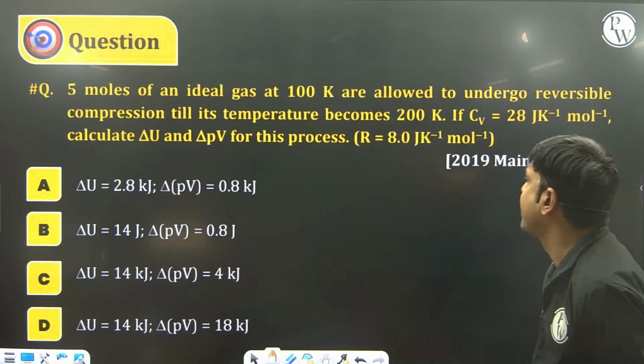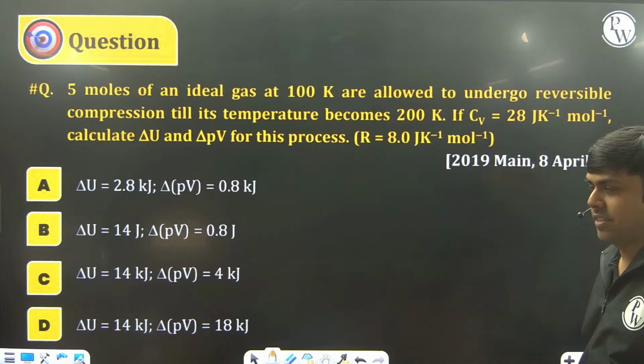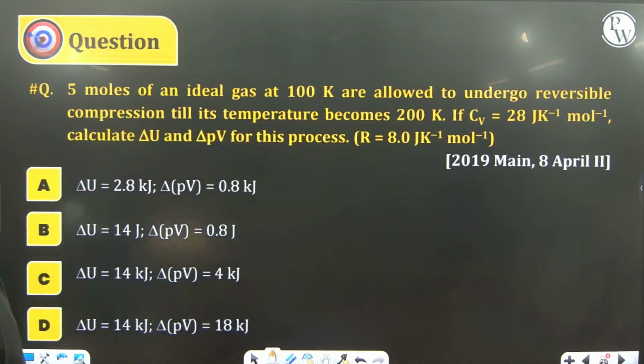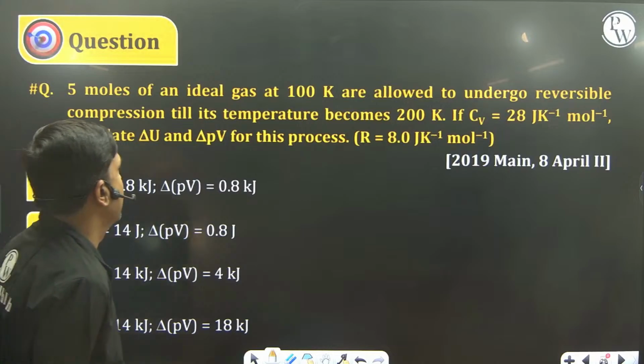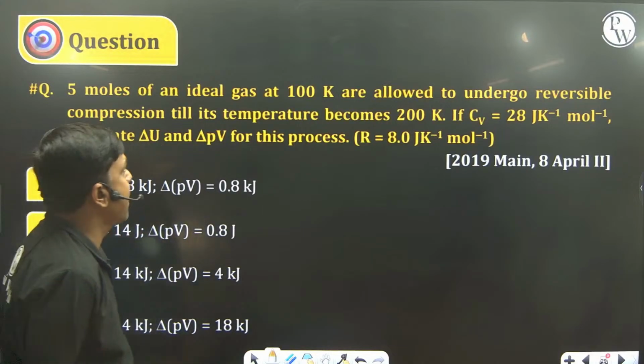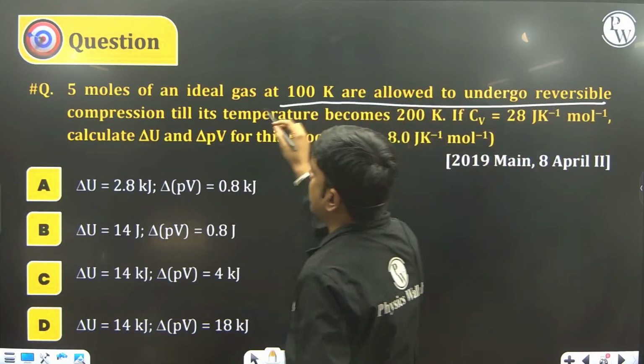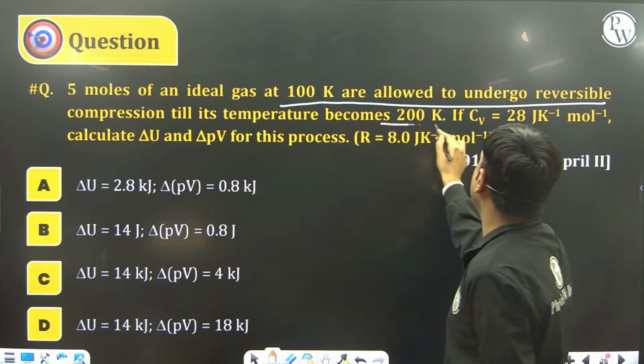So please try to attempt it and solve it. 5 mole of an ideal gas at 100 Kelvin are allowed to undergo reversible compression till its temperature becomes 200 Kelvin.